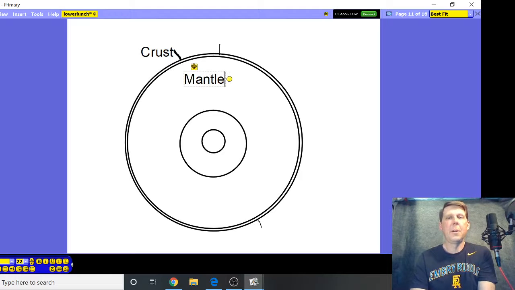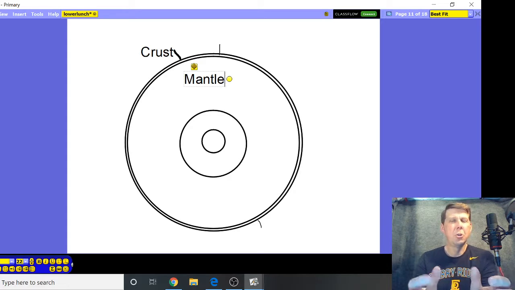That's the thickest layer. It's called magma when it's inside the Earth. It's melted rock, sort of oozy, gushy, not quite solid, not quite a liquid. Some of it is more liquidy than others, and some more solid than others.